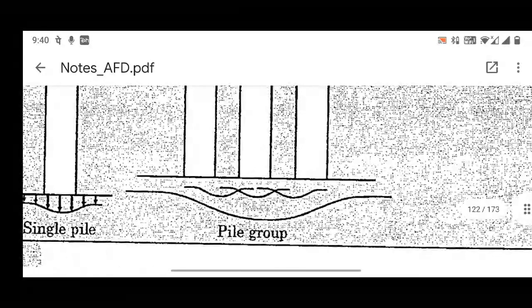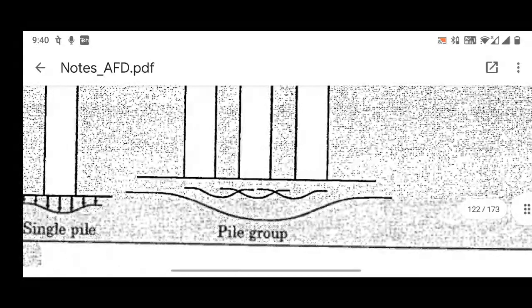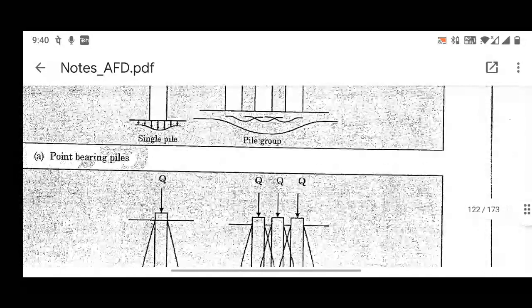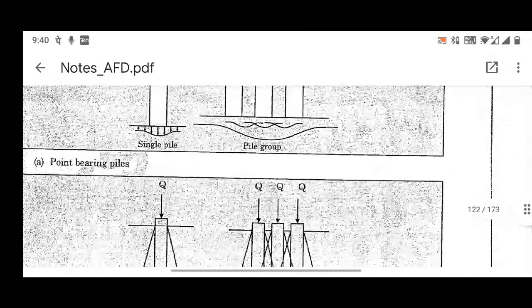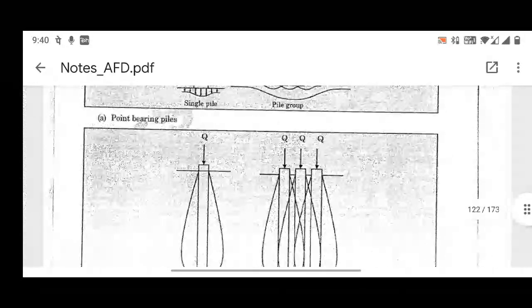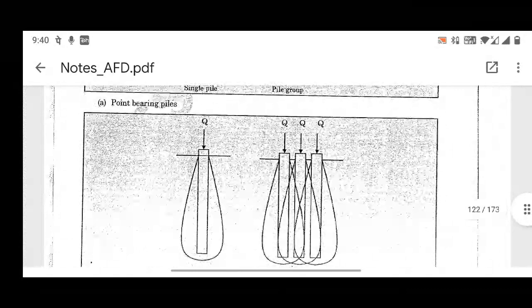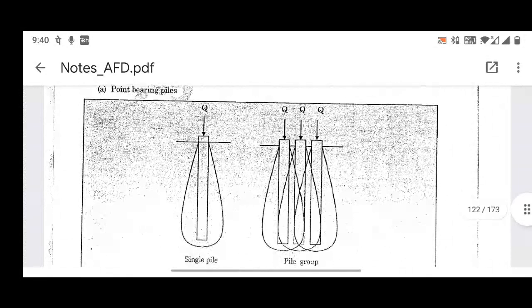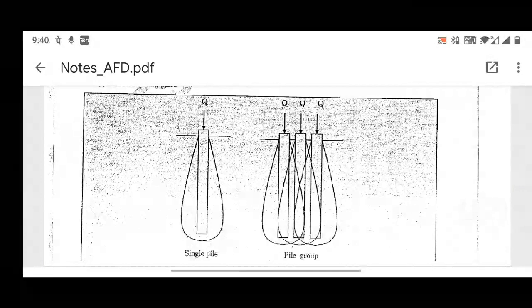For the pile group, it is more or less a uniform stress distribution at the lower end of the pile section. These are the stress bulbs for the point bearing pile. For the single pile, the stress bulb formation can be like this, and for the pile group it is overlapped with each other.